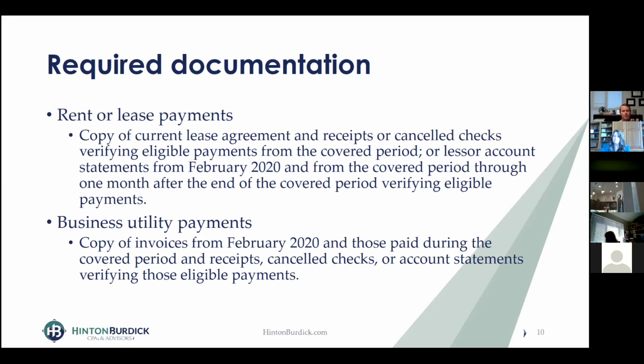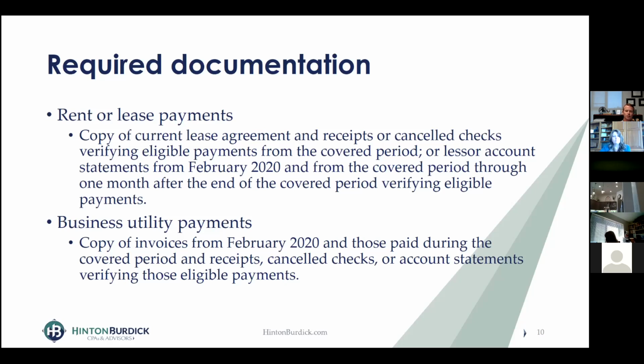Rent or lease payments also qualify. There are some stipulations as far as related party lease payments. We'll go into detail on that on the next page. So any rent obligation that was entered into before February 15th of 2020, those rent payments are qualifying expenses. Also business utility payments.